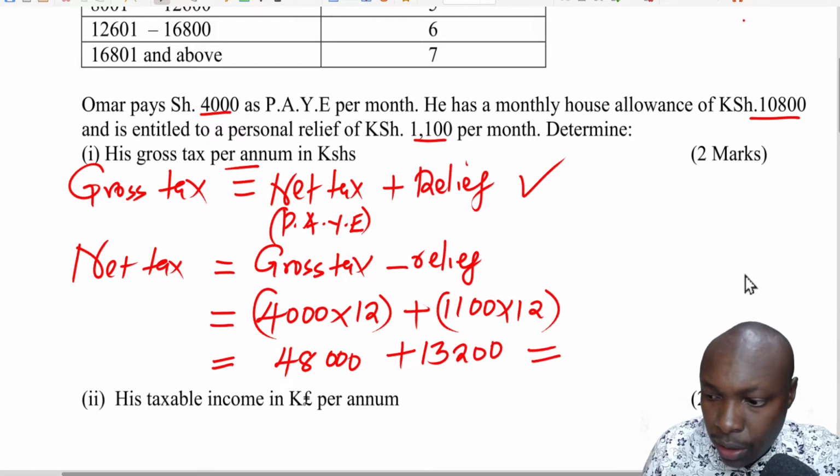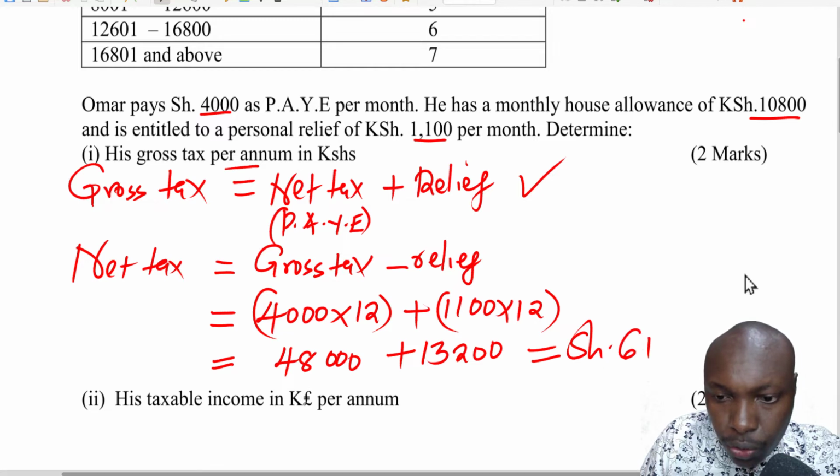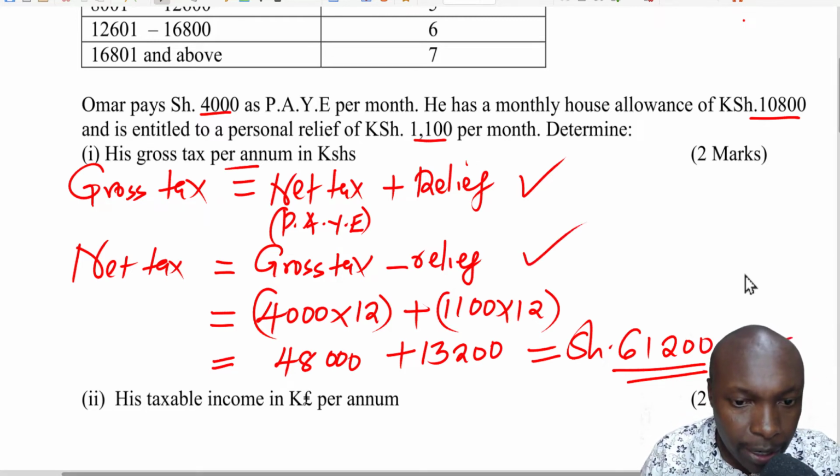Adding these, 48,000 plus 13,200, we get 61,200. So that is how we get the gross tax per annum.